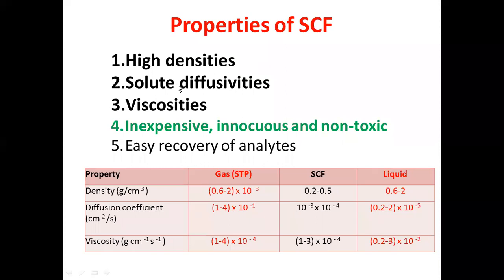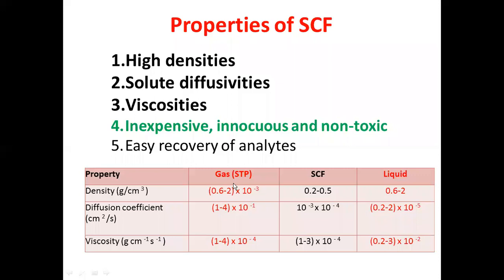So higher densities, solute diffusivities, and viscosities are the three important properties of supercritical fluids. These properties are intermediate between gaseous and liquids, as you can see in this table. If you look at the density of supercritical fluids, most of them will be 0.2 to 0.5 gram per ml.